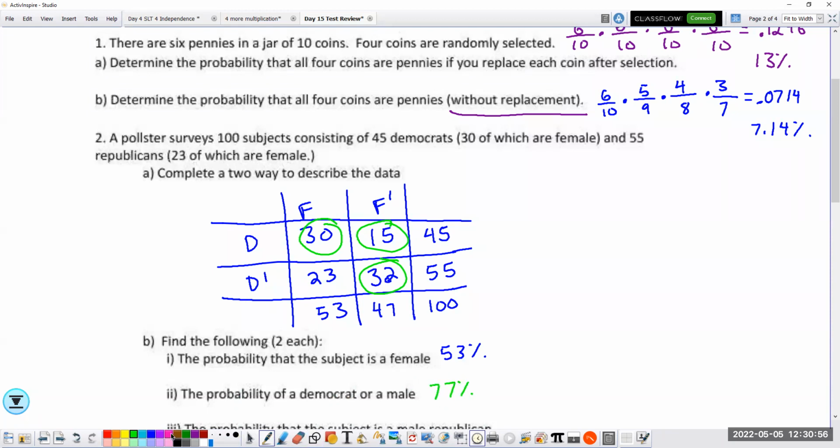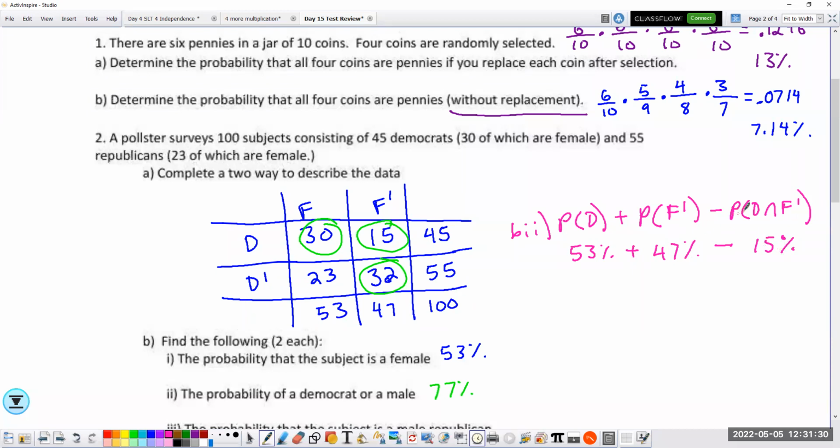Now, another way to look at that would be the probability of being a Democrat plus the probability of being male minus the probability of Democrat and male, because we have an overlap. So the probability of being a Democrat was 53% plus 47% minus 15%.